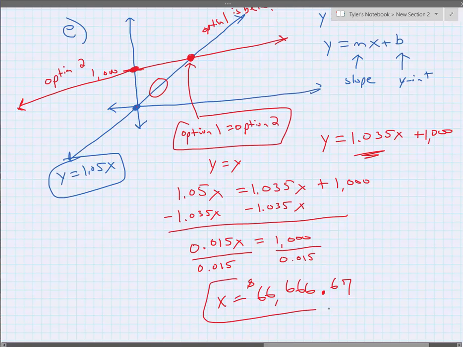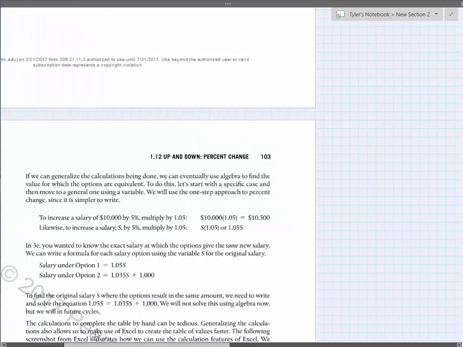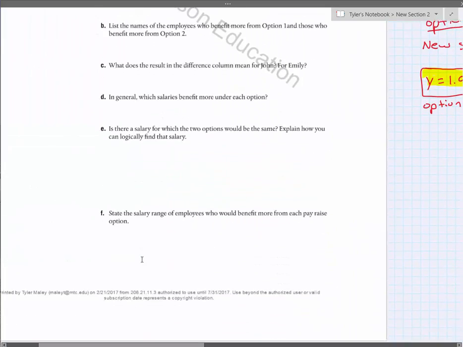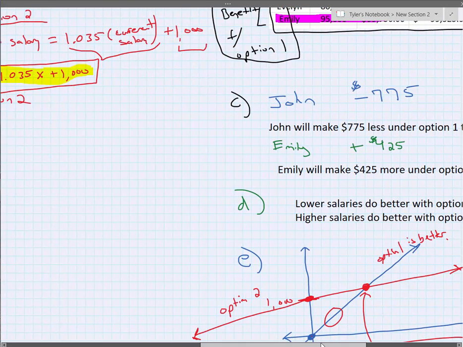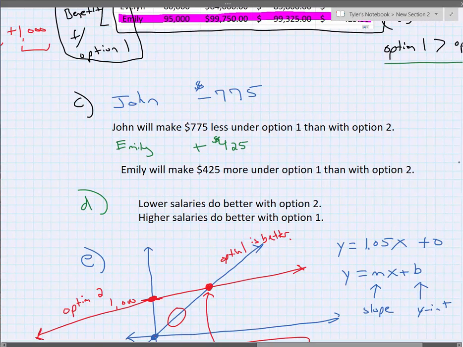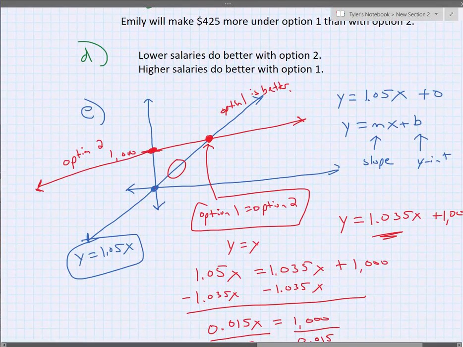So we round to the nearest cent, we get this amount. So that would be the value here, and we found that by setting the equations equal to each other.